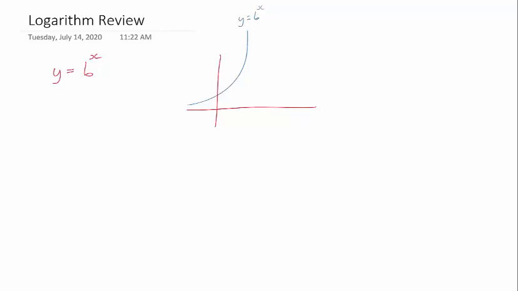And so if you compare this to the graph y equals x, what you notice right away is that y equals b to the x is shooting up much faster. It's approaching infinity much, much faster than if it were approaching linearly, like this guy is.